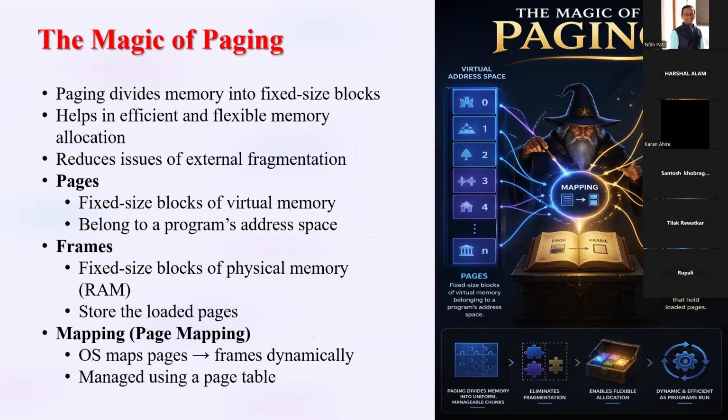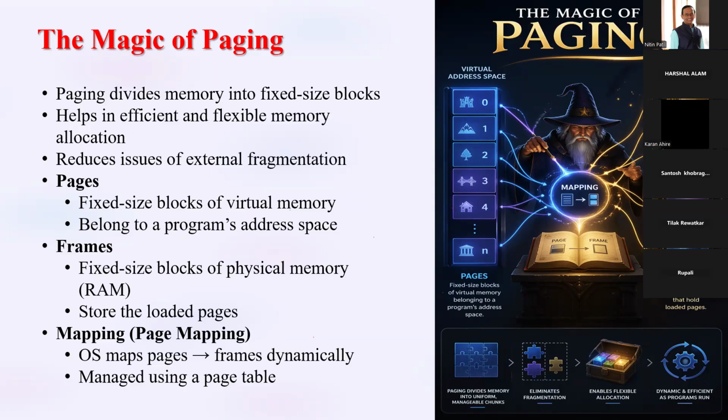So how do we bridge this gap? And as I stated, the answer is paging. Paging is the technique that brings order to this complexity. It takes memory, which could otherwise be messy and fragmented, and divides it into uniform, manageable chunks.